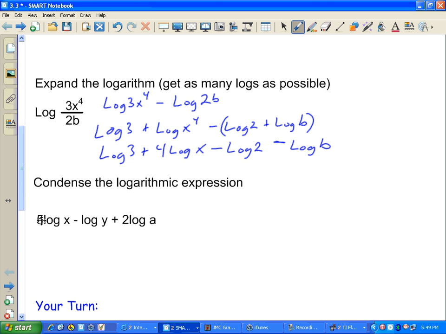If we're condensing, okay, this 5, I'm going to move it up so it's an exponent. Okay, this 2 is going to get moved up also.